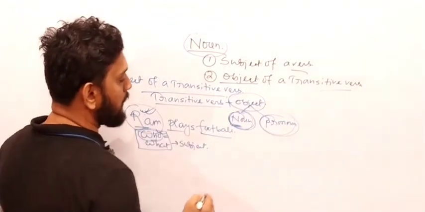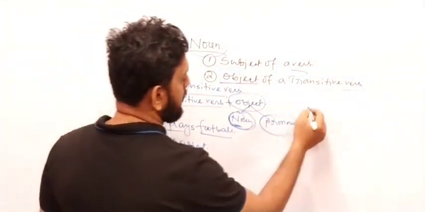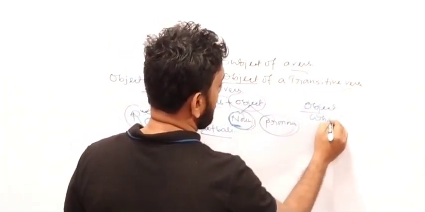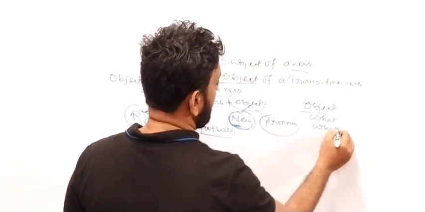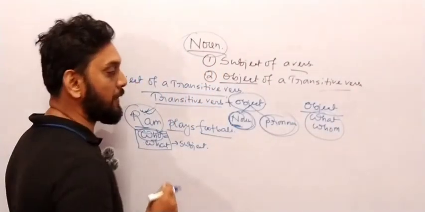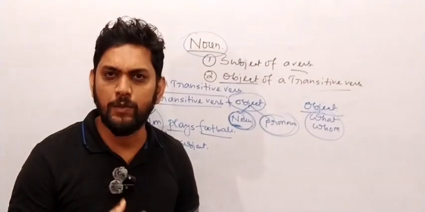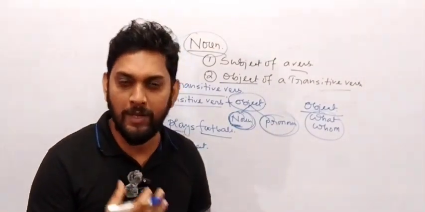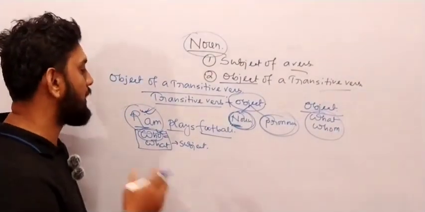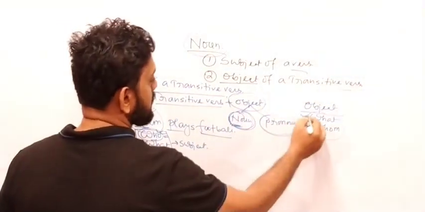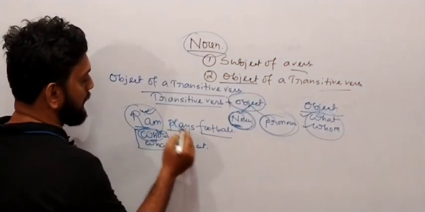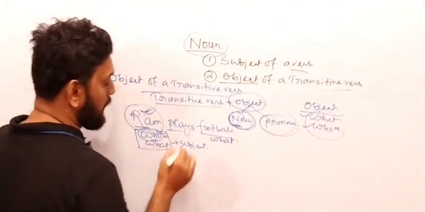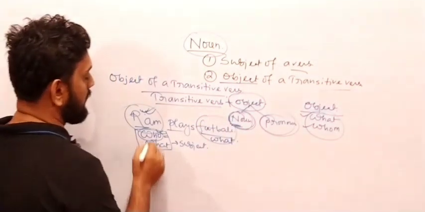Now the question is how you can find the object in a sentence. To find the object, use the question words what and whom. By using these question words, you can easily recognize where the object is in a sentence. Ram plays what?